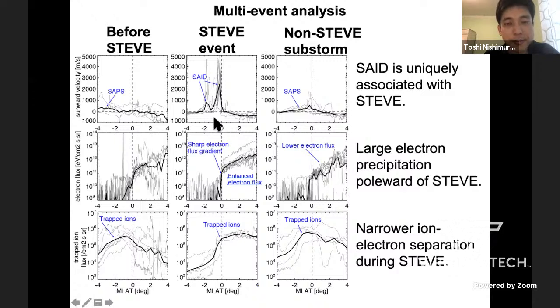We have done also statistical study to confirm that these are not just for one event, but happening for many events that we have identified. Where we have strong SAID, the electron flux is higher than the expansion phase or other substorm events, and pretty sharply dropping ring current ion flux is right on the equator of the electron equatorial boundary.